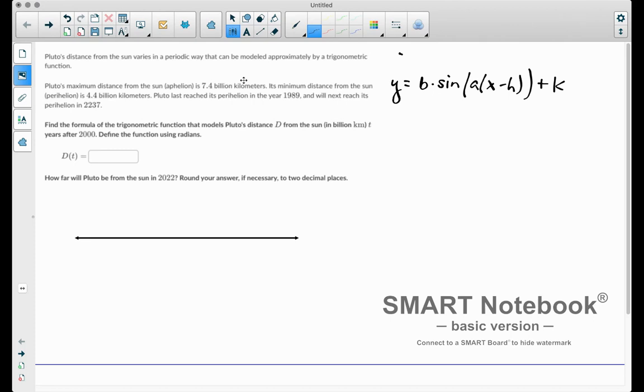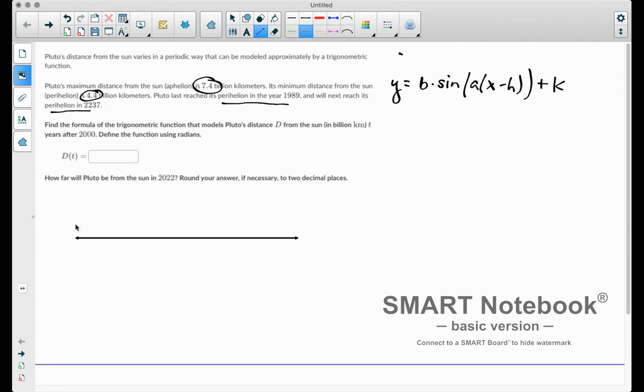They gave us two different positions: the maximum distance away, 7.4 billion kilometers, and the minimum distance, 4.4. This is the last time it was at its minimum, and this is the next time it's at its minimum. I'm going to put a couple of lines on here real quick.